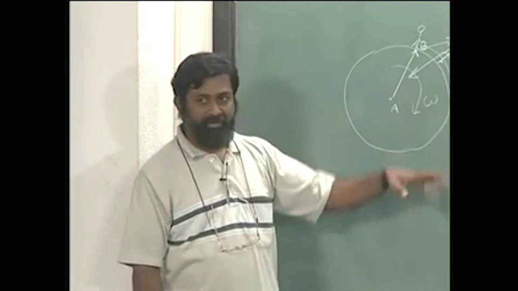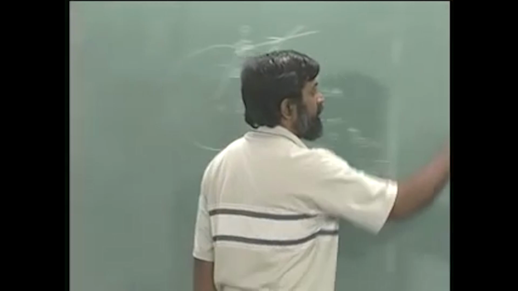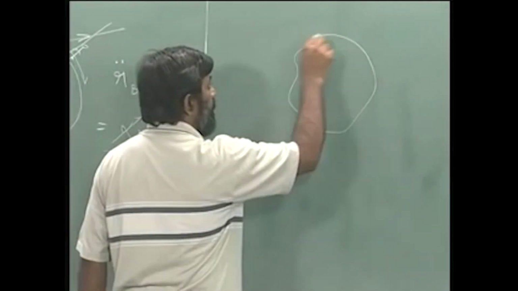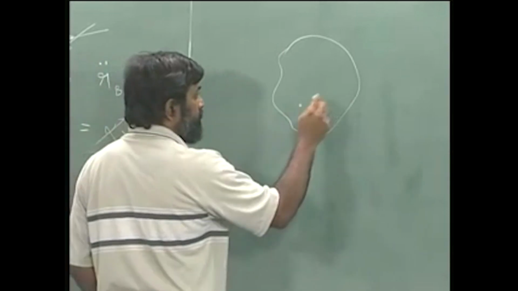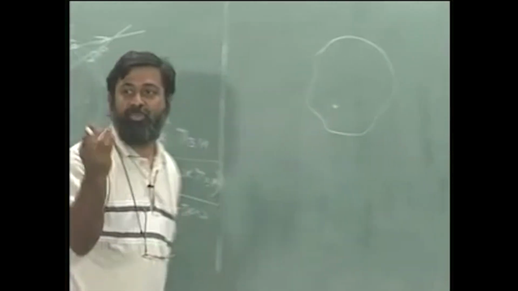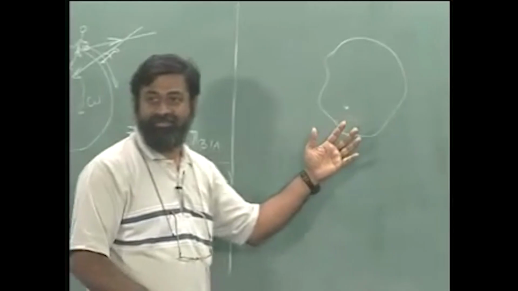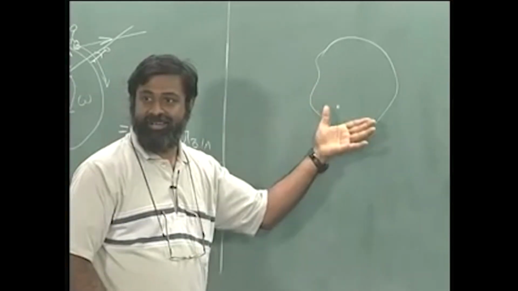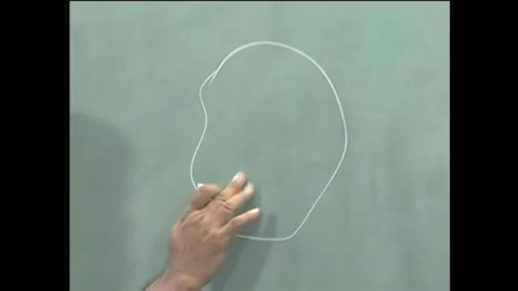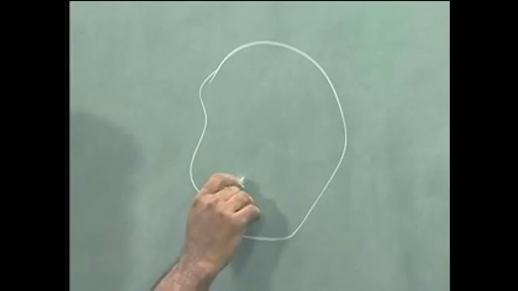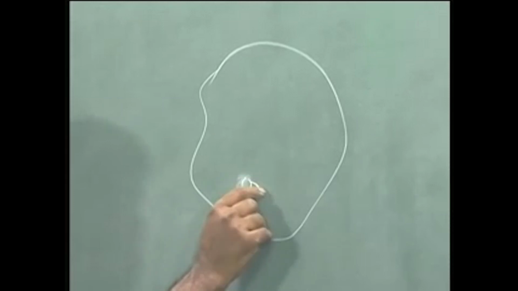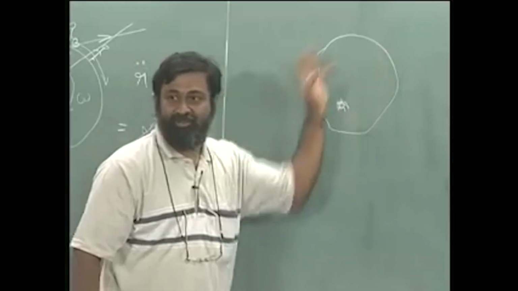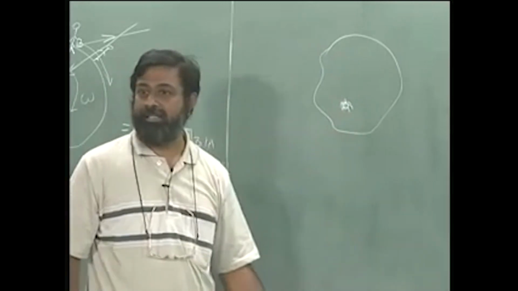Okay. One other way of looking at it is, supposing I have a body, okay, and let us say there is a small marble on this body which is moving independent of, or let us say there is an insect that is moving around with a velocity or acceleration.